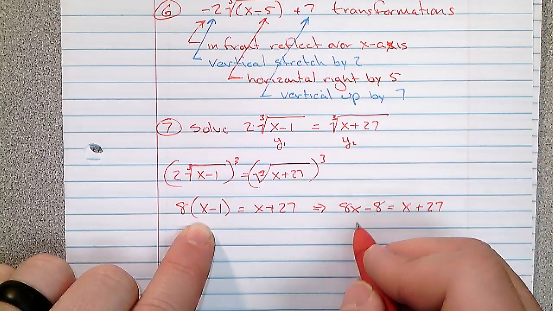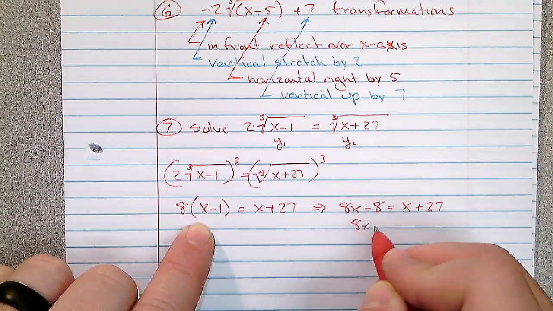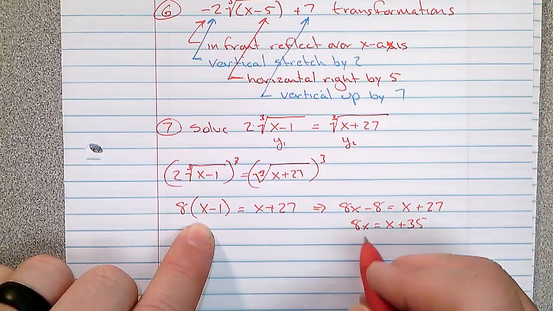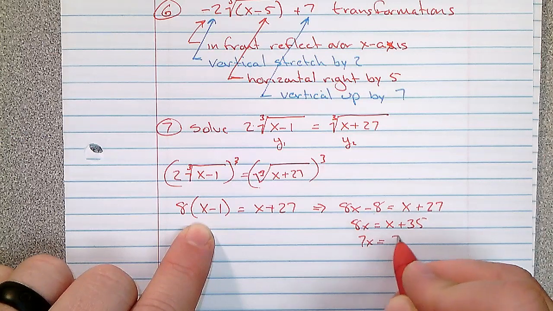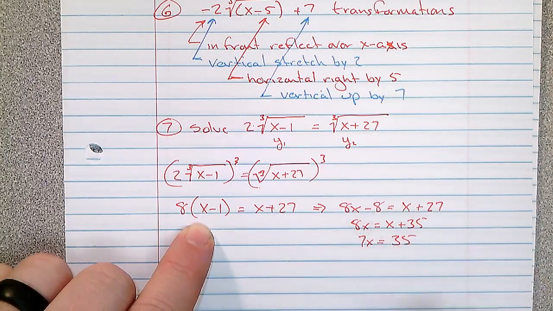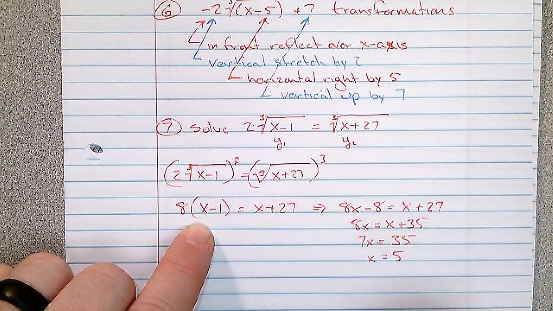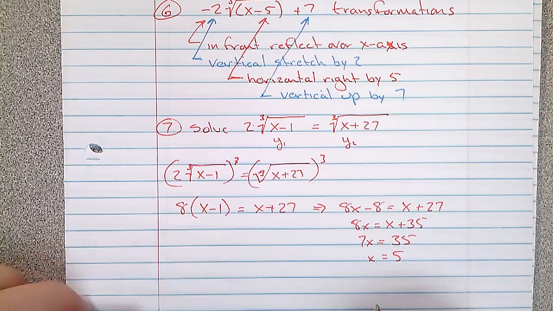Add 8 to both sides. We have 8x equals x plus 35. Subtract x from both sides. We get 7x equals 35. X equals 5. And there we go. And that's it. And we can plug it back in if we wanted to check, and it does work.